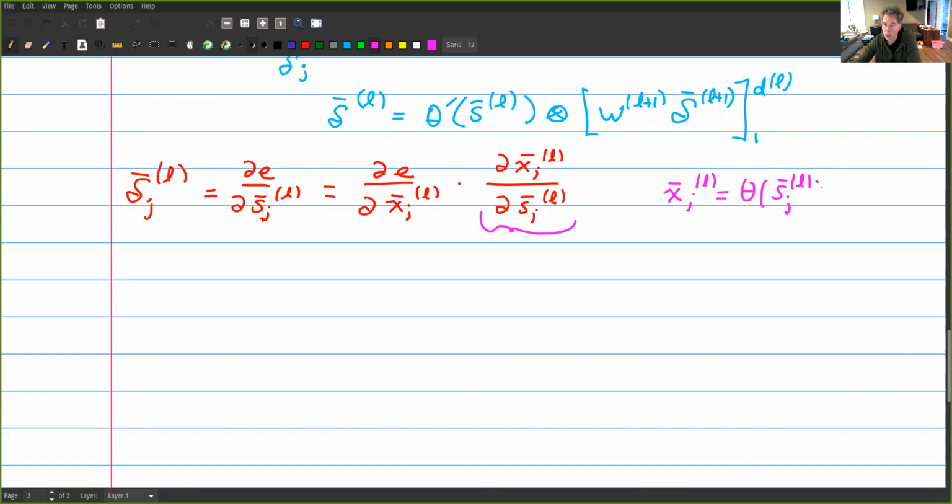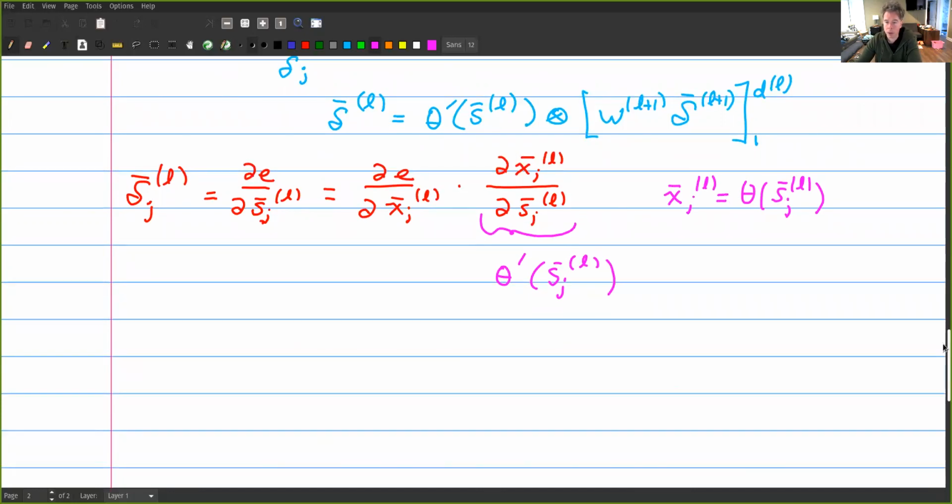So when you compute this derivative, this is a calculus 1 problem. This is just theta prime of SJL. Whatever that is, if this is hyperbolic tangent, then that's 1 minus theta squared.